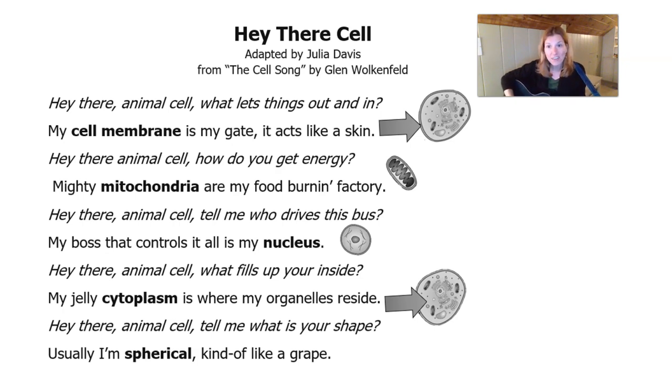My boss that controls it all is my nucleus. Hey there, animal cell, what fills up your inside? My jelly cytoplasm is where my organelles reside. Hey there, animal cell, tell me what is your shape? Usually I'm spherical, kind of like a grape.